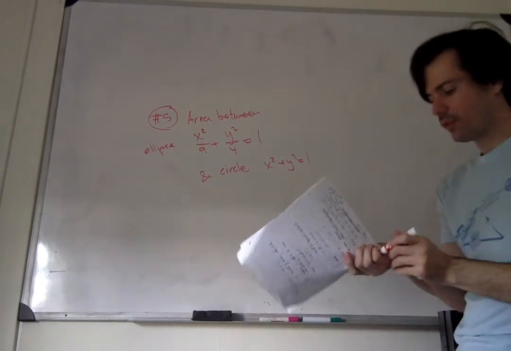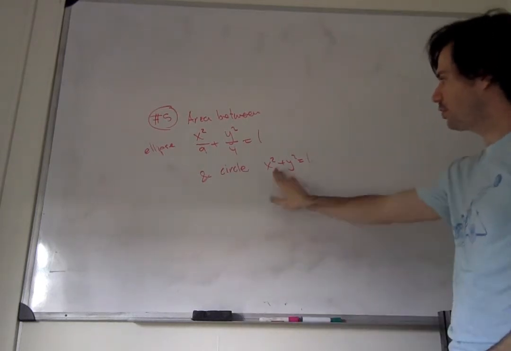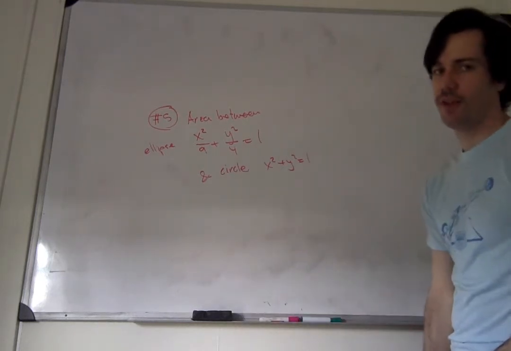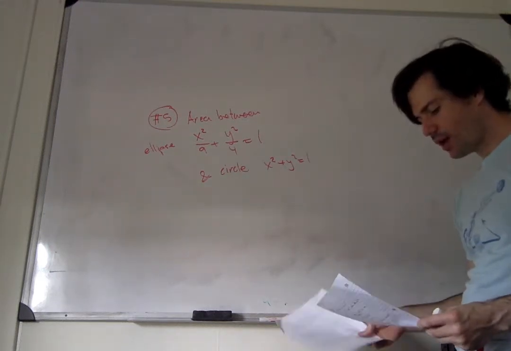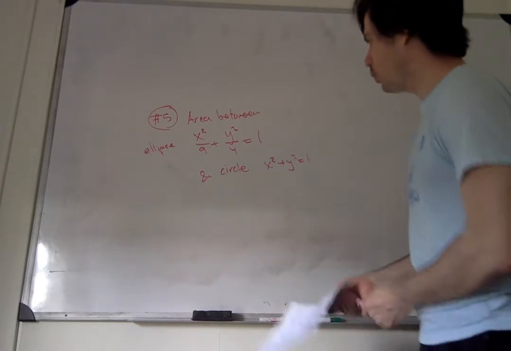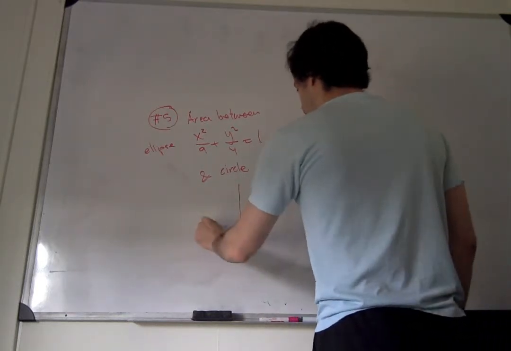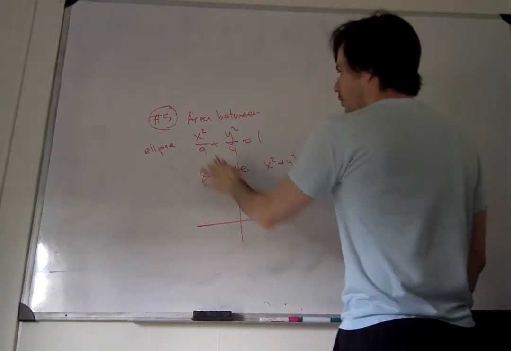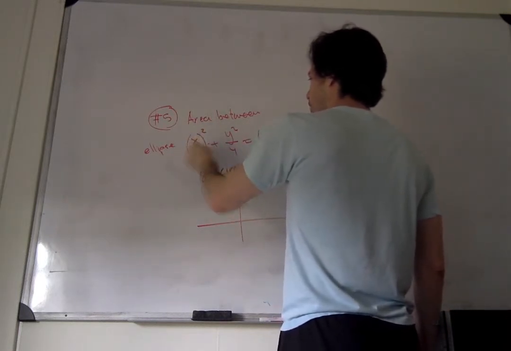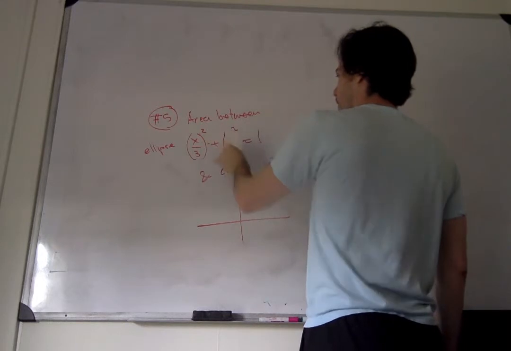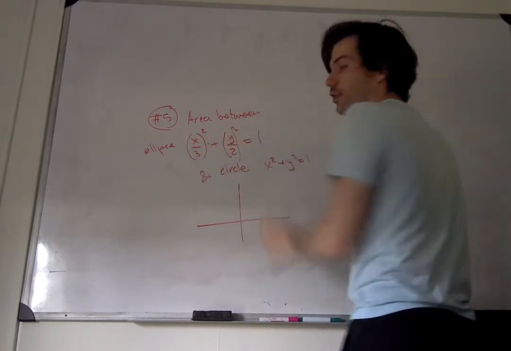So a quick comment. Every circle is a special type of ellipse, right? And what do we have here? Well, I can rewrite this as x over 3 and y over 2, right?